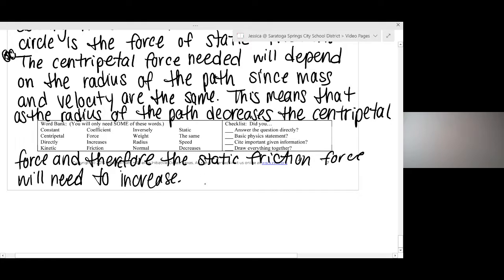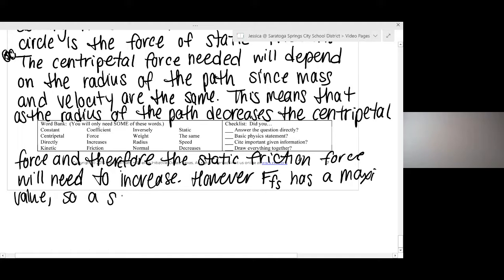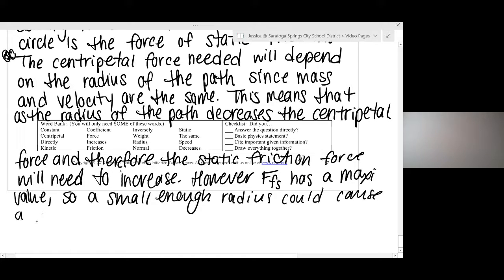However, static friction force has a max value. So a small enough radius could cause a car to slide, losing control.